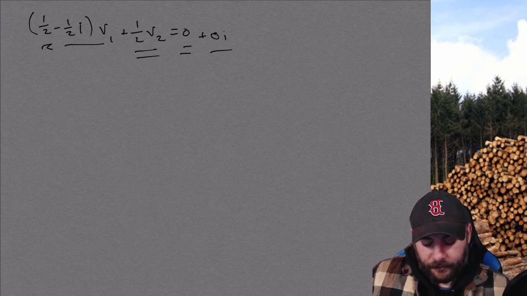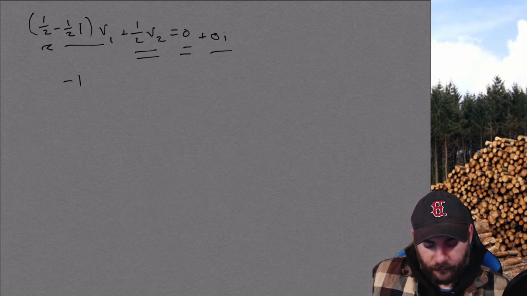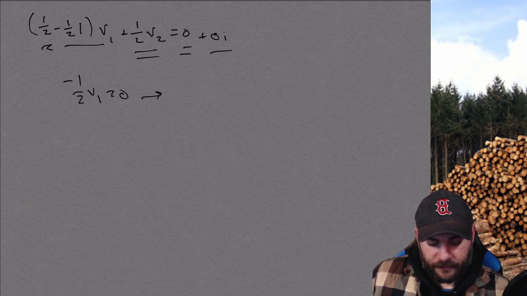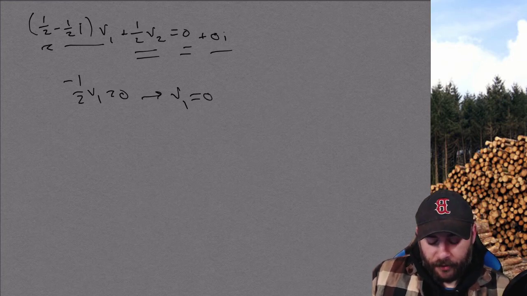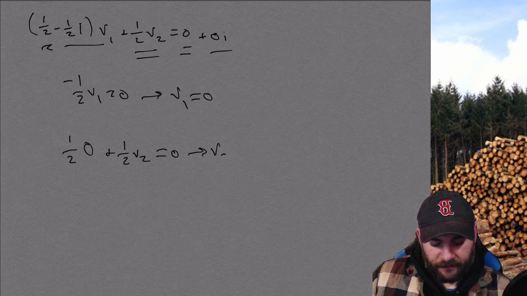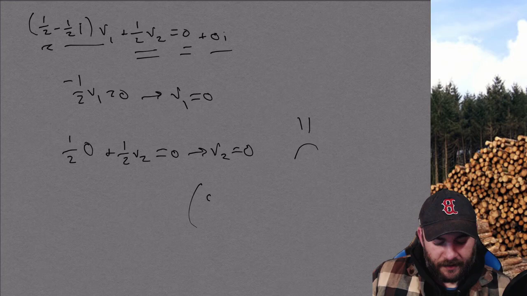In doing so, you end up equating negative 1/2 V1 equals 0, so V1 equals 0, which may be okay. The problem is that you would then get 1/2 times 0 plus 1/2 V2 equals 0, which implies V2 equals 0.